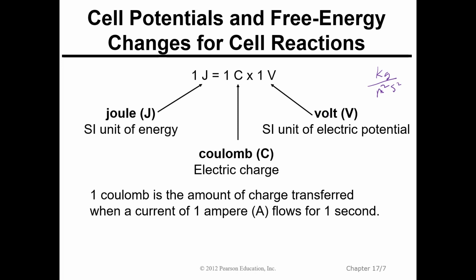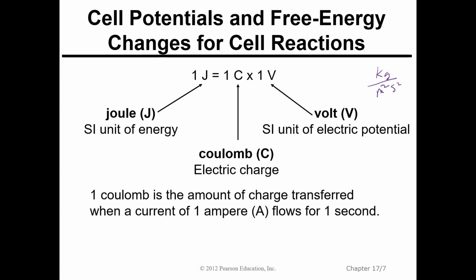So 1 coulomb is the amount of charge that is transferred when we have a current of 1 ampere flowing for 1 second. An ampere is the unit for current. So if we have 1 ampere flowing for 1 second, we have a coulomb.